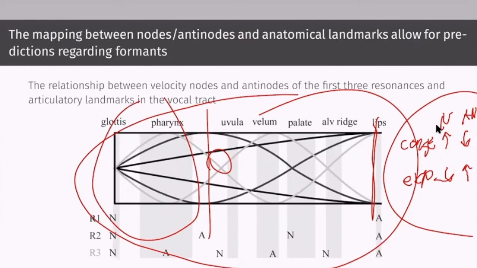So if constrictions at antinodes, as we see right here, it goes down.